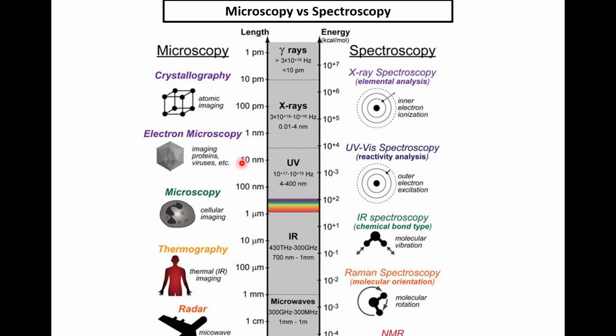Under microscopy, this image is a very important image, because it gives a lot of information in a very small period of time. There are different types of microscopes: crystallography that we discussed at the start of our discussions, electron microscopy that we will discuss in future sessions, as well as normal microscopy where we can visualize matter at the micron level.